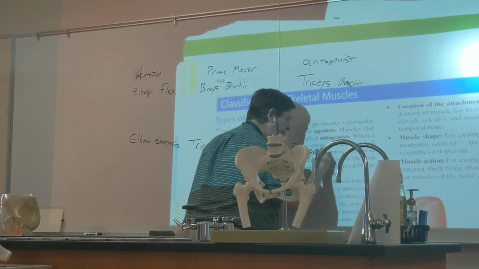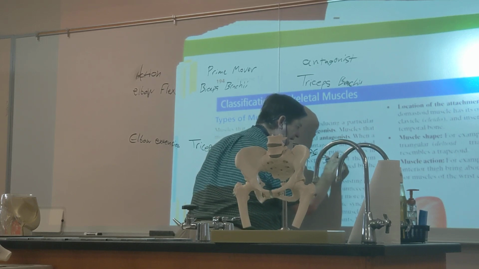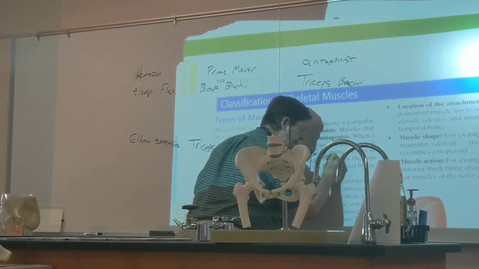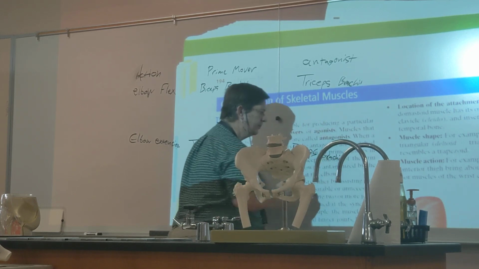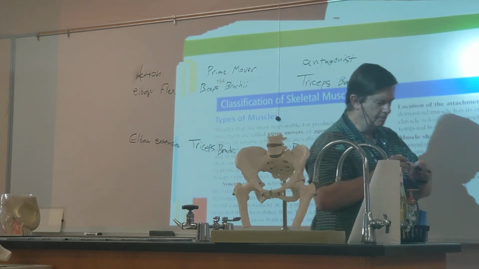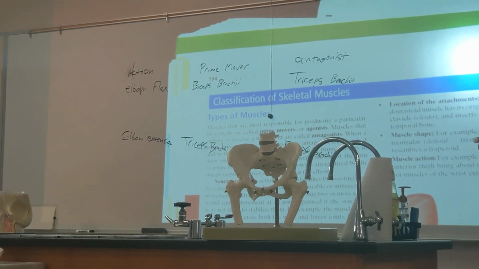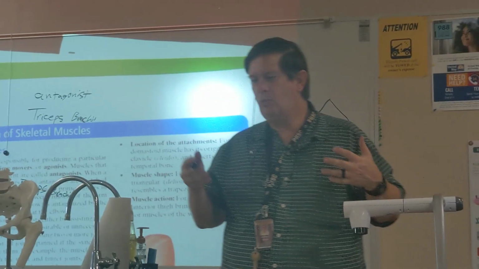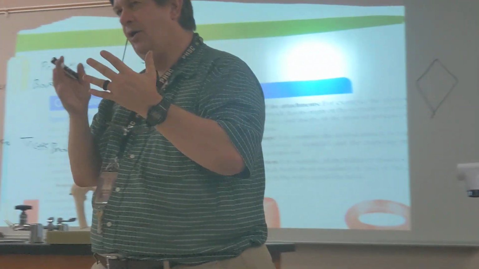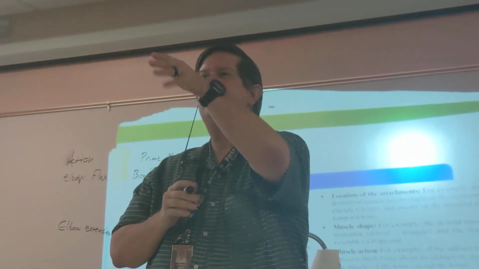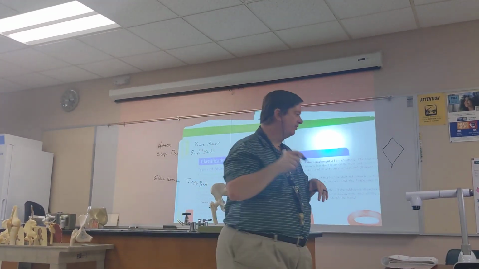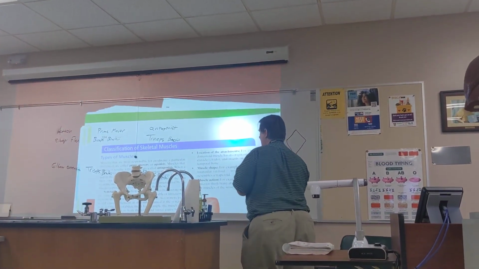Now, I know you guys have this. This is really simple, but we're going to add a little bit to it. You ready? If a muscle has a helper muscle that can help it get a job done, and they work together to help that job happen, we have a name for it. I'll give you an example before I give you the name of the category.